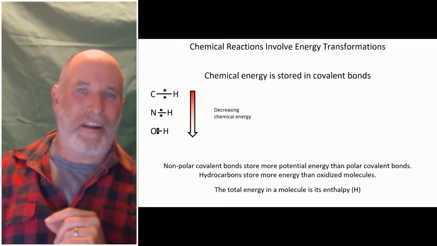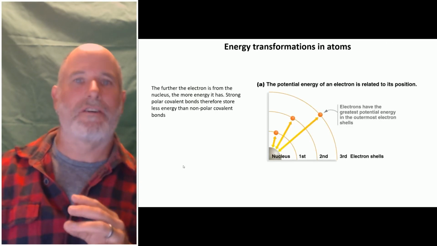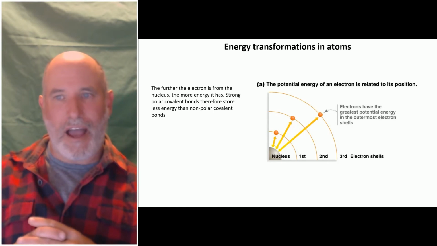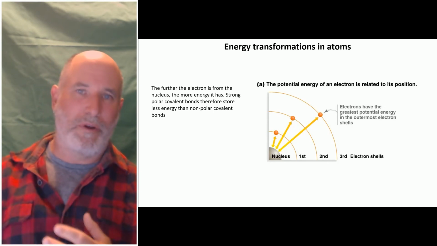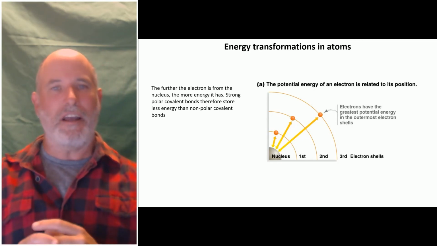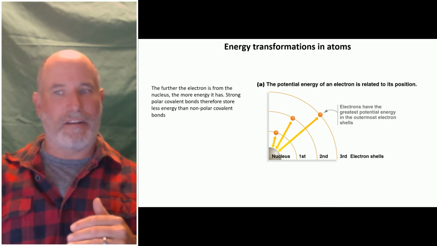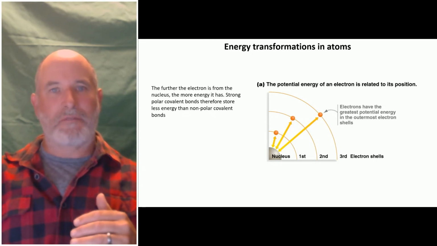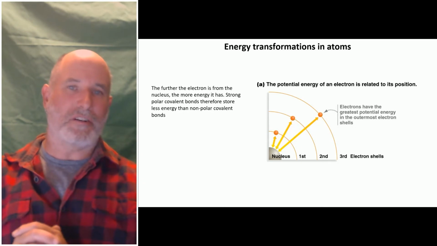But here's one more thing that I just want to show you really quick. And this is kind of interesting. And this just goes to show that when we talk about the potential energy stored in molecules, that really has a lot to do with the electrons. And these electrons, you know, they can be in these different distances from the nucleus. And this is showing that as electrons move further and further away from the nucleus, they have more potential energy.